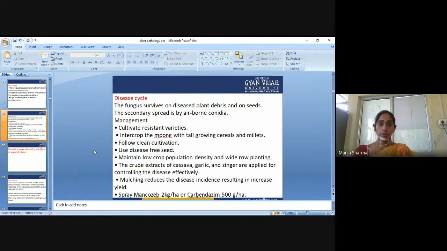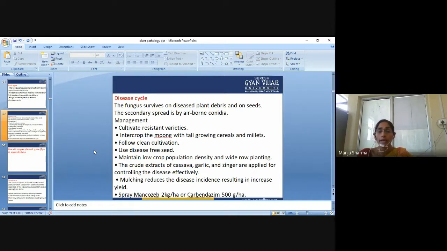Management: cultivate resistant varieties, intercrop the mung with tall growing cereals and millets. We have to follow clean cultivation, use disease-free seed, maintain low crop population density, and wide row planting.